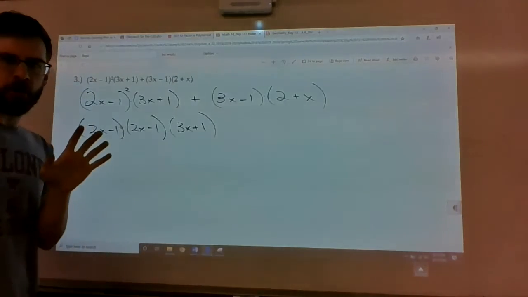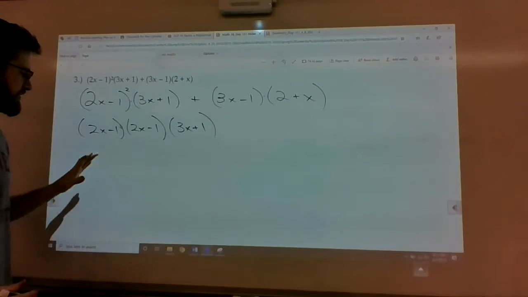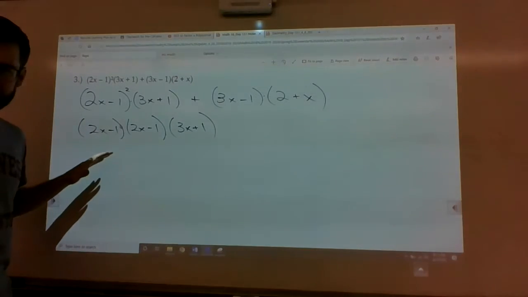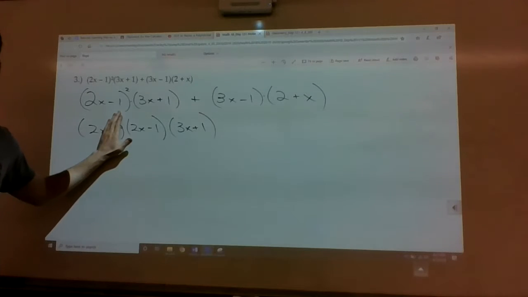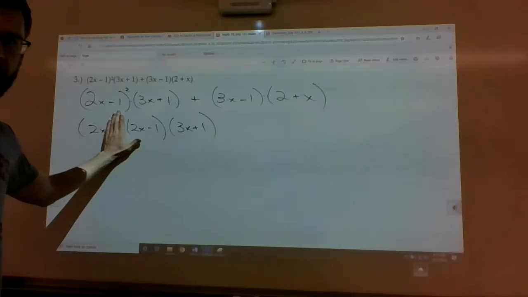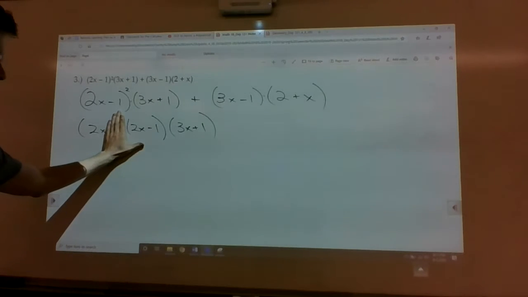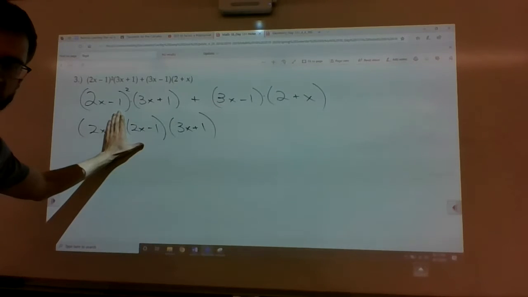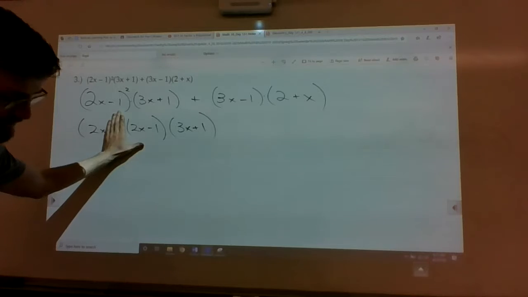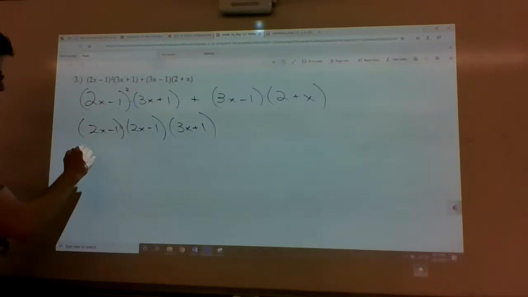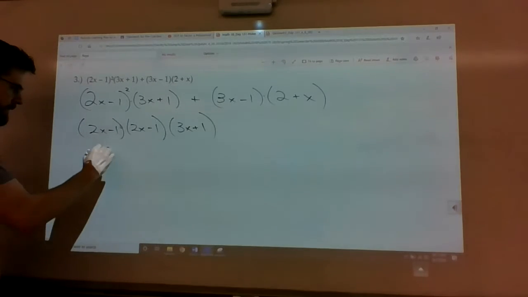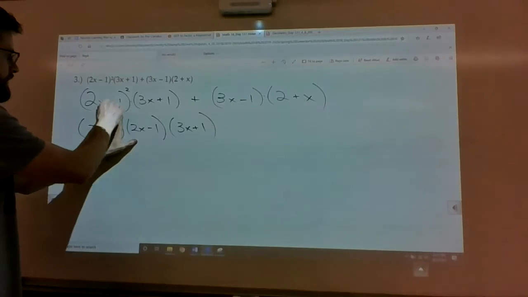And this is the part where maybe you don't necessarily need to rewrite the 2x. Maybe you just visualize it by saying, I've got a 2x in front of the 2x minus 1. What's 2x times 2x? Well, it's 4x squared. All right, so I did that one.